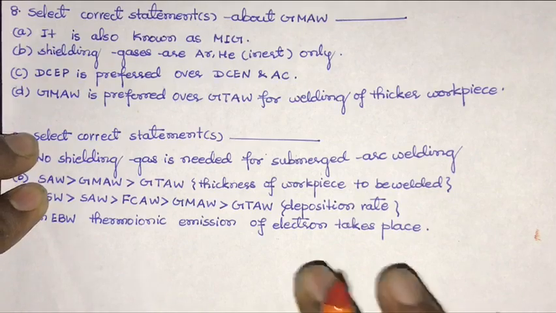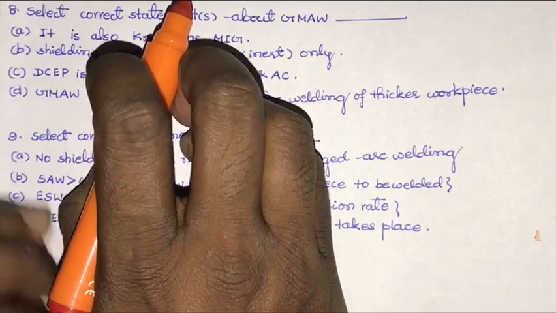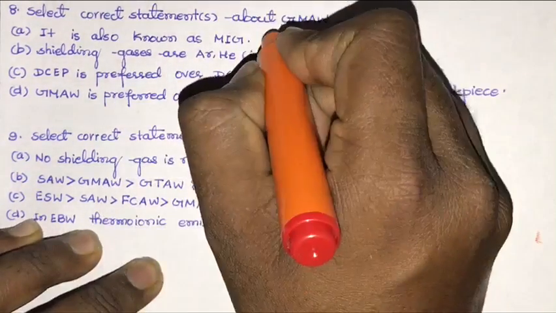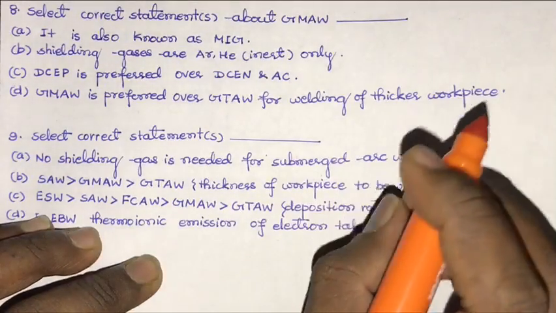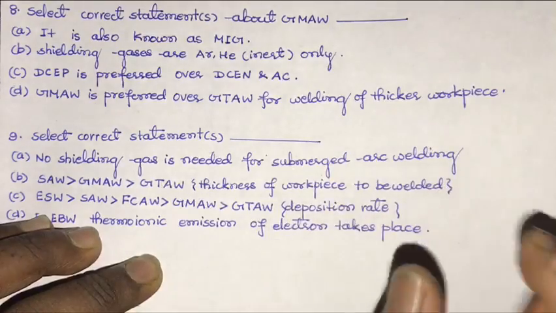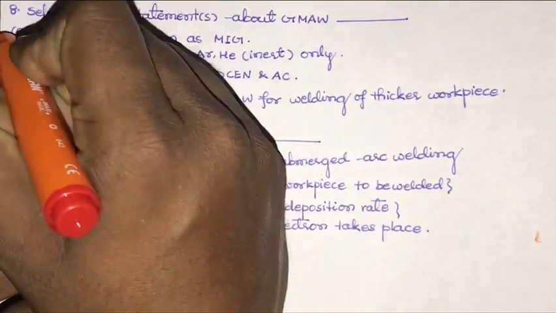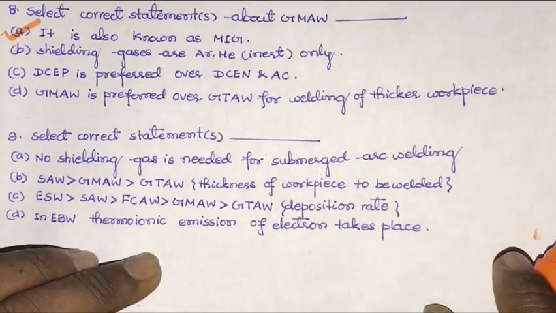We know that gas metal arc welding uses inert gas like argon and helium, hence it is also known as metal inert gas welding, that is MIG. So this is absolutely correct.